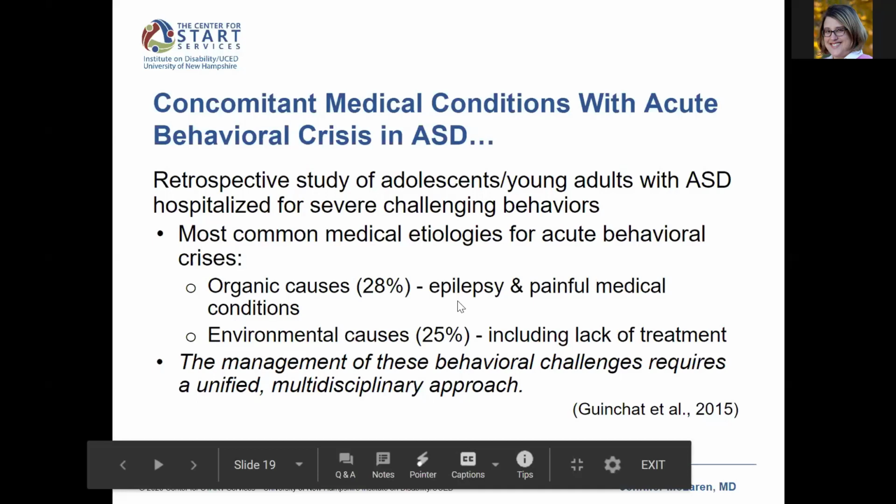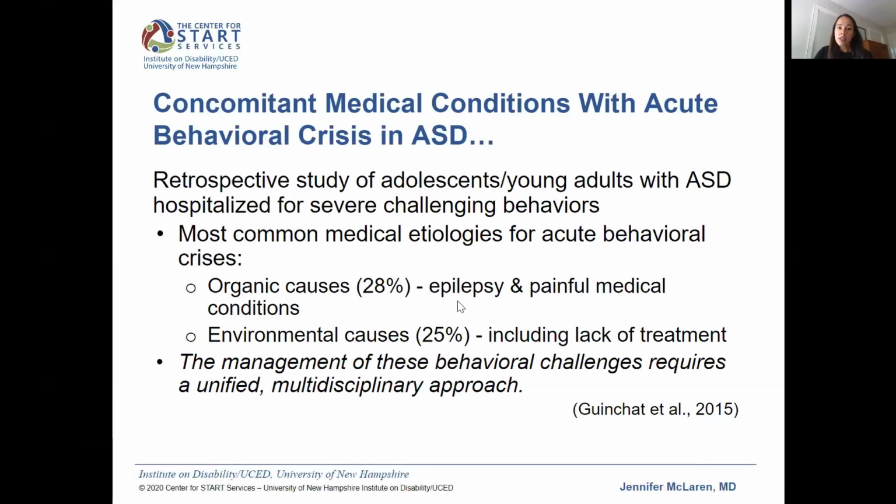Sounds good. Okay. So there was another really great study of medical conditions that occur in people with ASD who present for an acute behavioral crisis. This was a study, like Dr. Charlot's, that looked at records and charts of young adults and adolescents with autism who were hospitalized because of challenging behaviors.